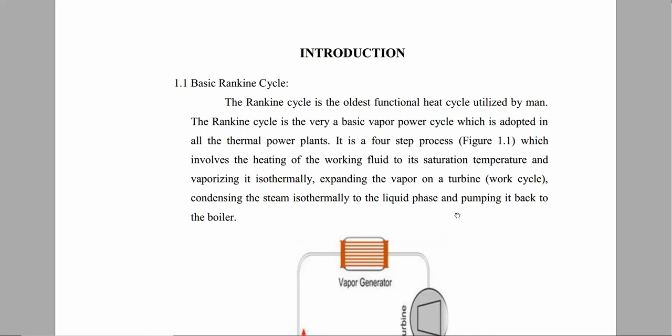It is a four-step process which involves heating the fluid to its saturation temperature and vaporizing it isothermally, expanding the vapor in the turbine, that is the work cycle, condensing the steam isothermally to the liquid phase and pumping it back to the boiler.